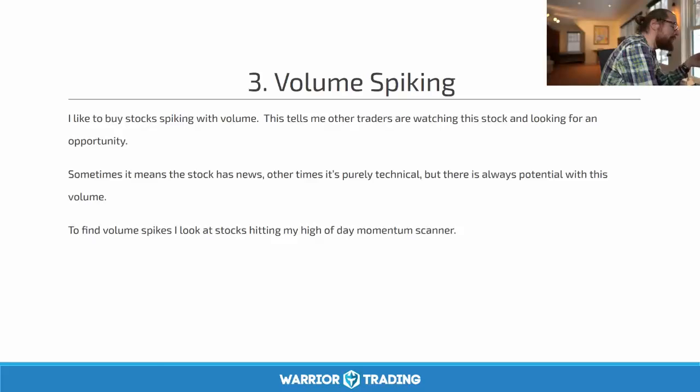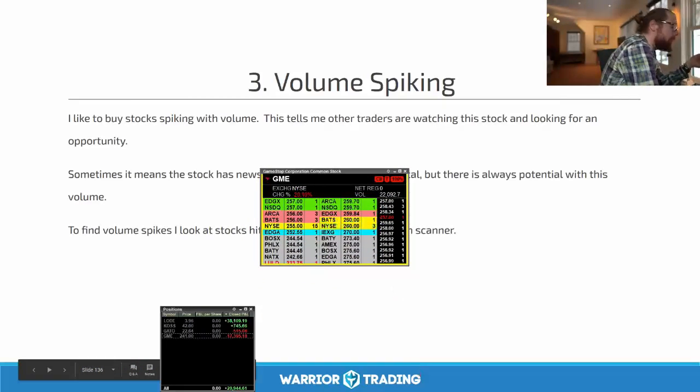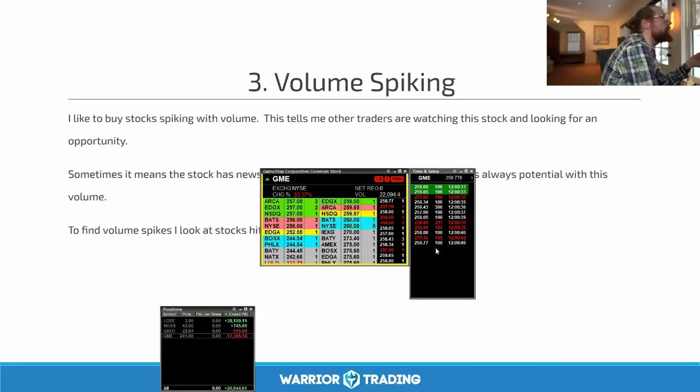We can see the volume right on the level 2, right here. We can see the volume in our time and sales window. This is each individual transaction as it's going through. I've got to change the way this is sorting, because for some reason it wasn't sorting correctly. So there we go.